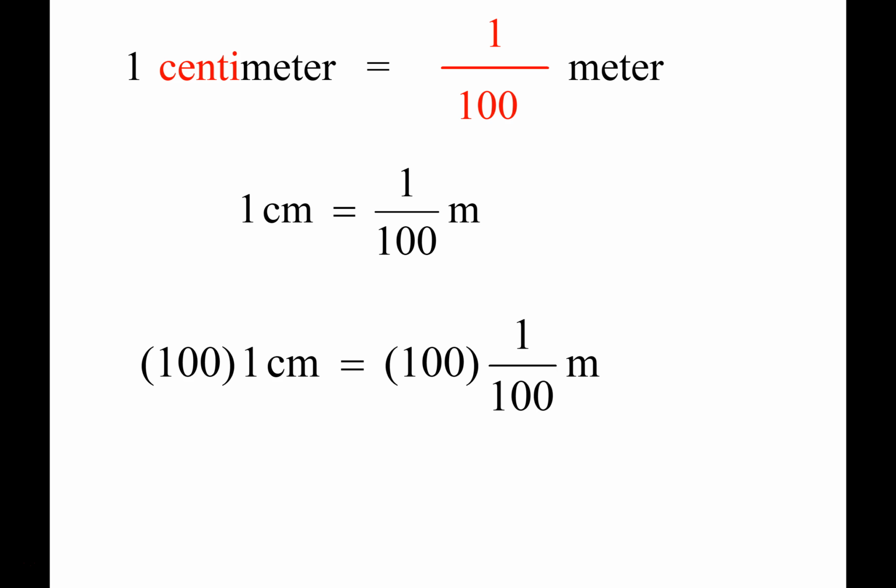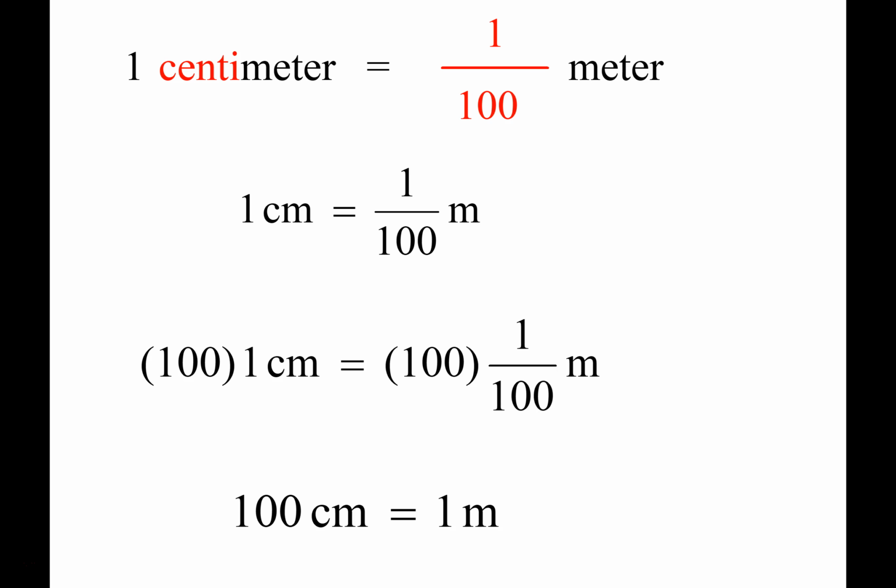You still have equality on both sides. So all I'm doing is taking 100 times both sides. Notice right here, the 100 in the numerator and the 100 in the denominator are going to cancel each other out. So I could rewrite that and say that 100 centimeters is equal to 1 meter.